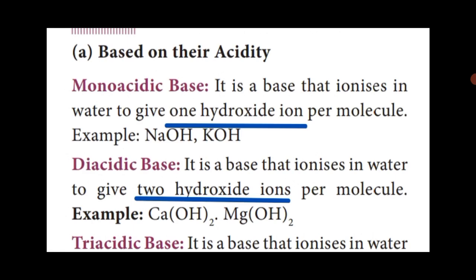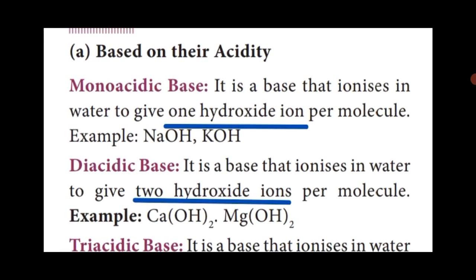Monoacidic base, for example, NaOH and KOH. NaOH contains how many hydroxyl groups? Only one. KOH also has only one hydroxyl group. Both release only one hydroxyl ion per molecule, so these are called monoacidic bases.